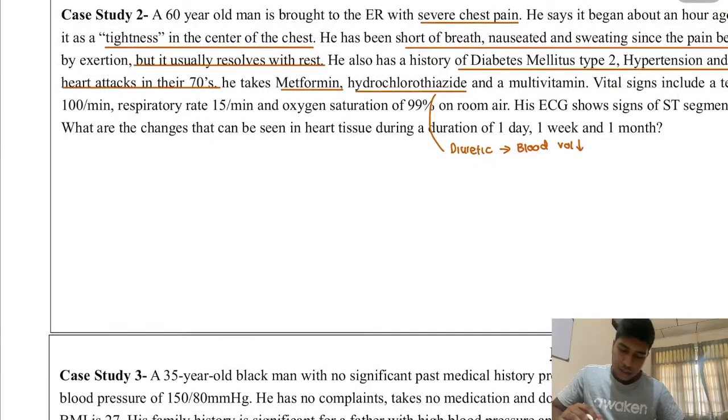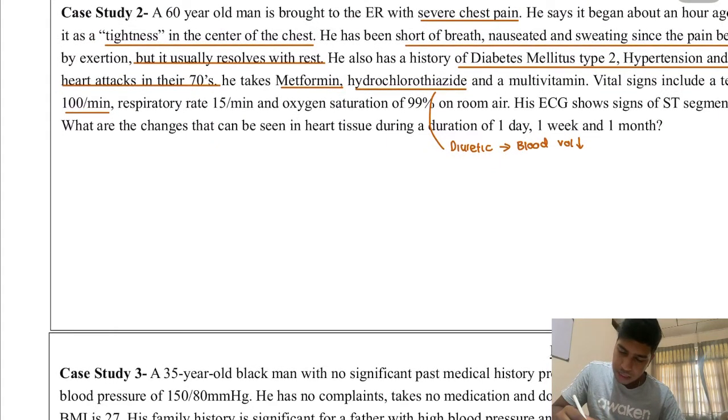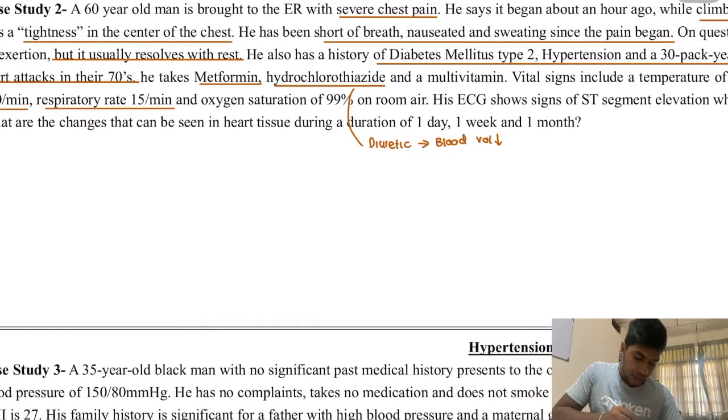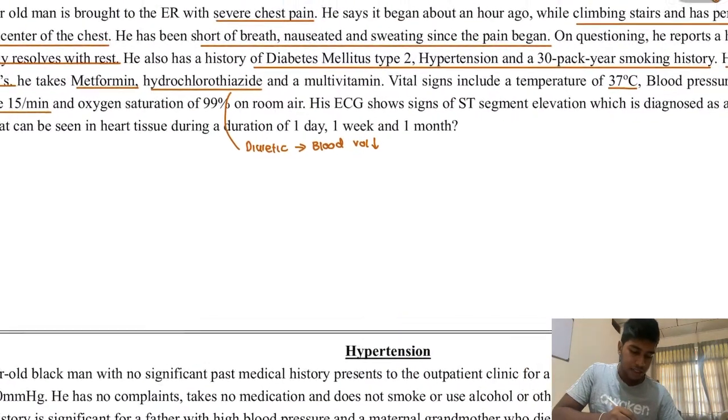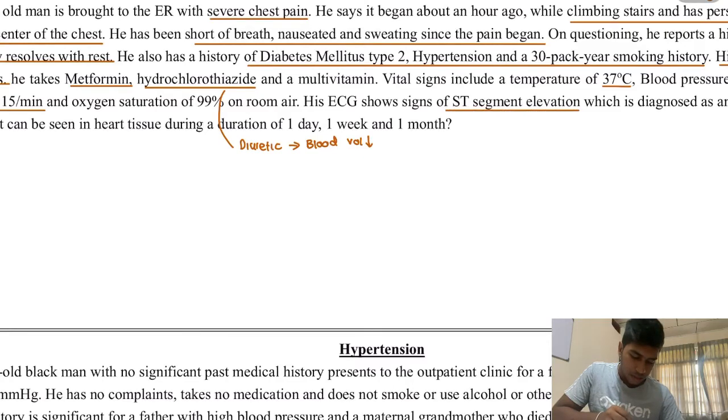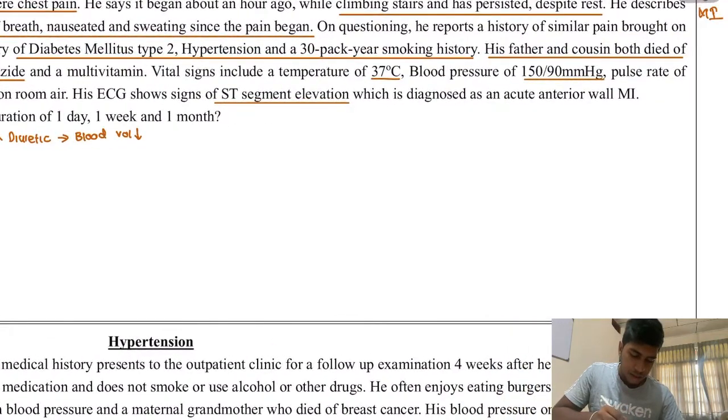Vital signs show a temperature of 37, blood pressure increased, pulse rate 100 per minute. The pulse rate has increased a lot. Respiratory rate is normal, oxygen saturation normal.